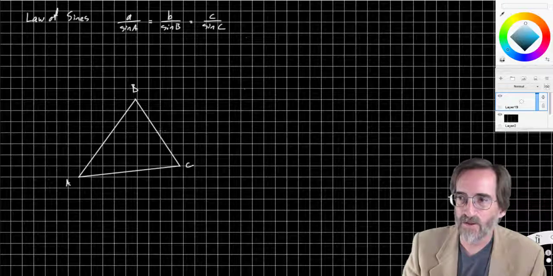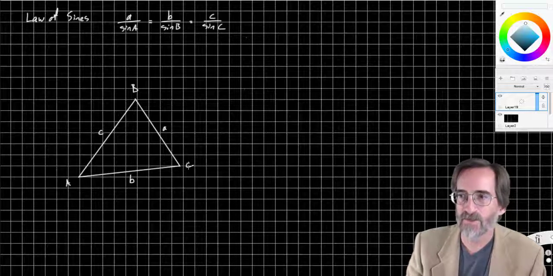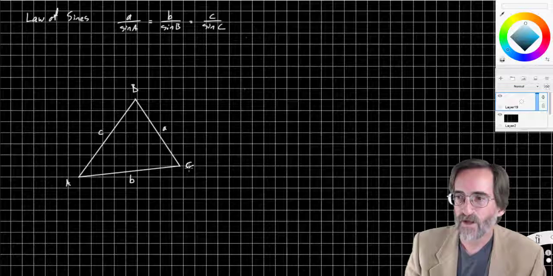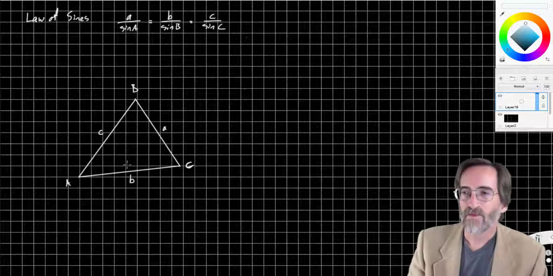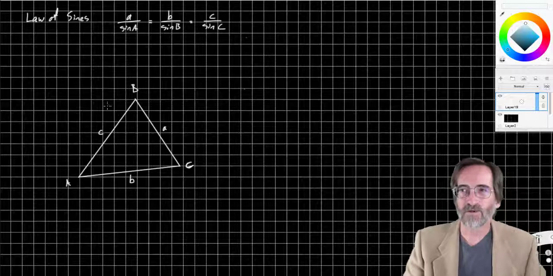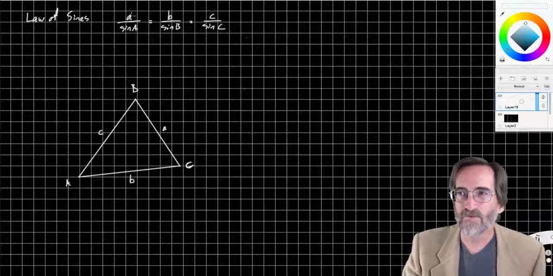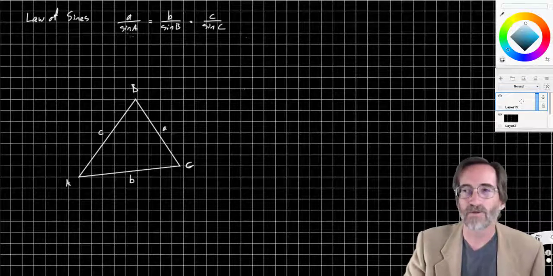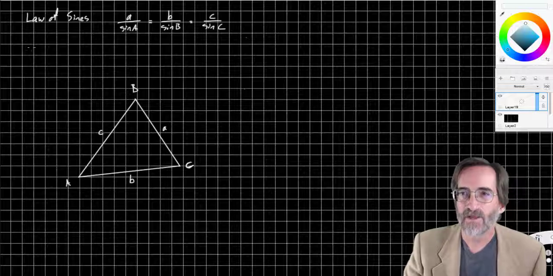So little a is opposite big A, little b is opposite big B, little c is opposite big C. Okay? So that's the way the triangle is organized. So the ratio of the side to the sine of its opposite angle is the same, constant. That's the law of sines.